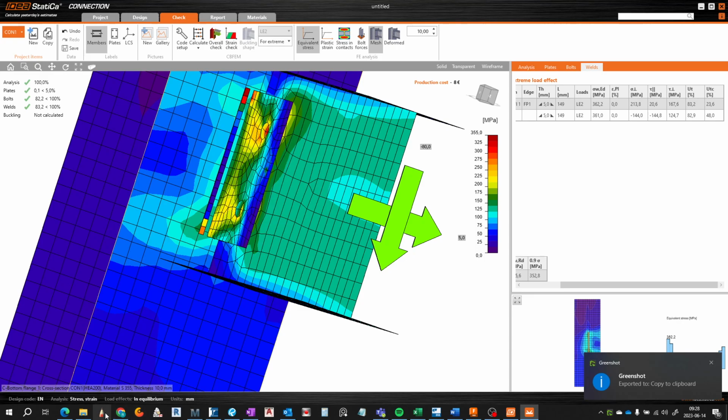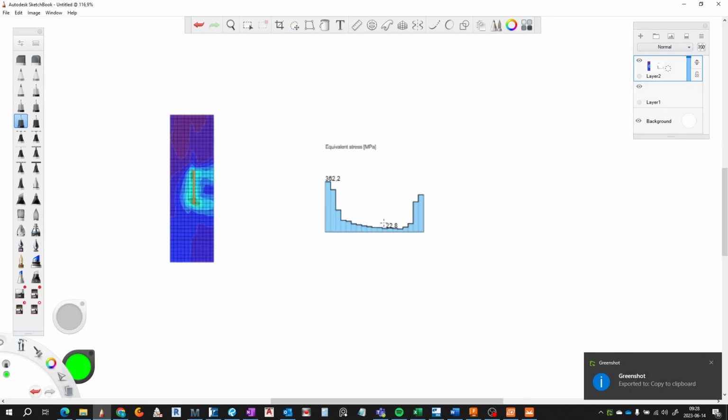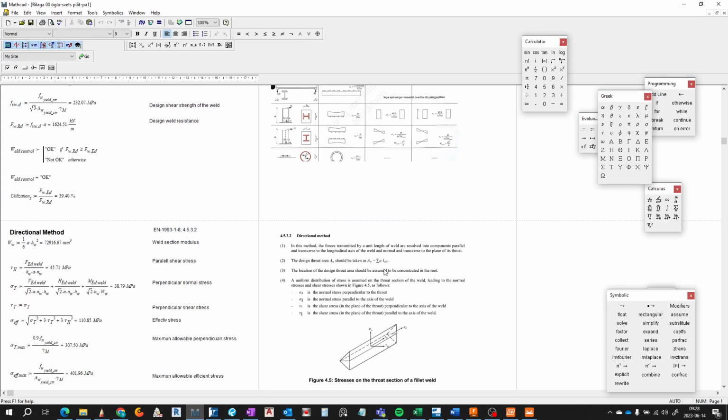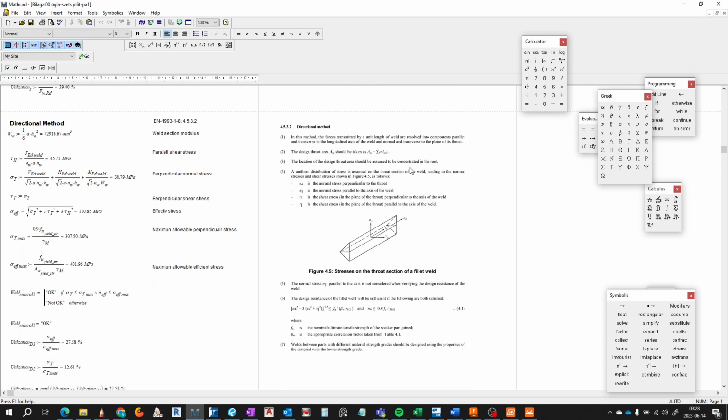And we are very safe here because I'm going to exemplify why. In the EU code we have a median of these stresses. When we are taking calculations for this, for example, here is a portion of the Eurocode and the principal stresses for a weld.